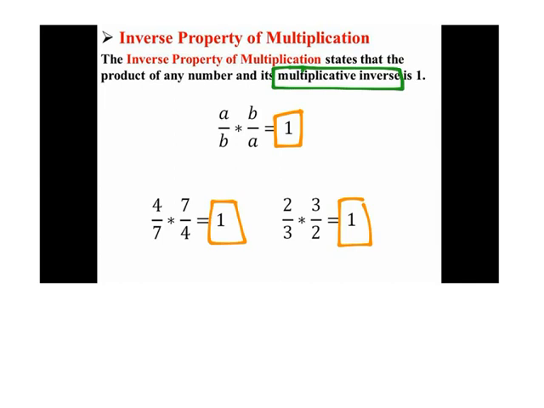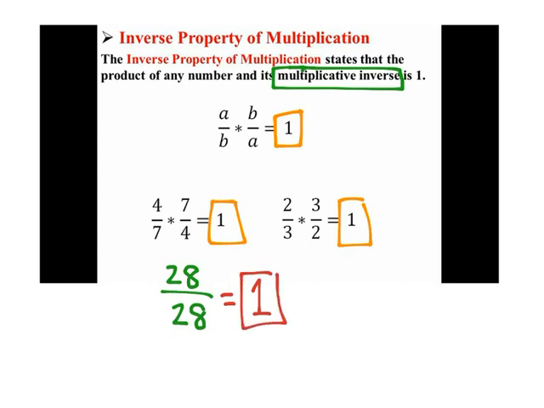So 4 times 7, 28. Multiply the denominators together. 7 times 4 is 28. Now, fractions are really just showing you a division problem, right? That fraction bar is telling you to divide. So, if you divide 28 by 28, you're going to end up with an answer of 1.